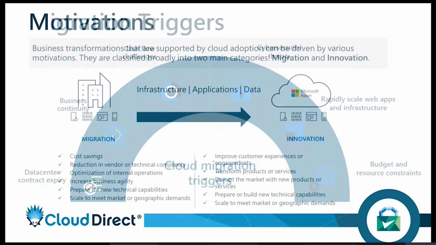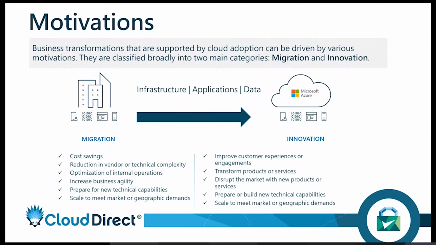In terms of motivations, this is another step forward upon that, classifying those various elements that we've just spoken about, looking at those from a migration and an innovation perspective. It's really important to say, okay, we need to go from A to B because our data center is becoming end of life, for example. Why don't we look at innovation as well at the same time?